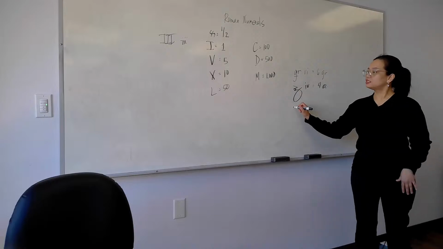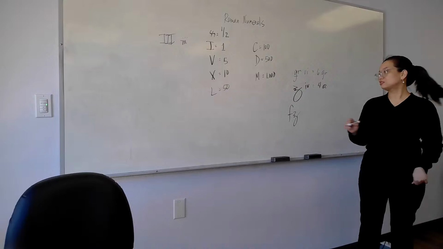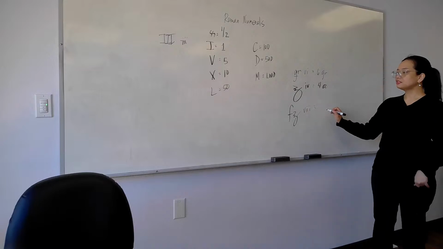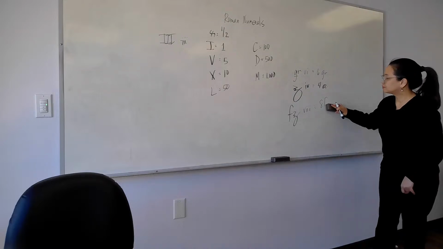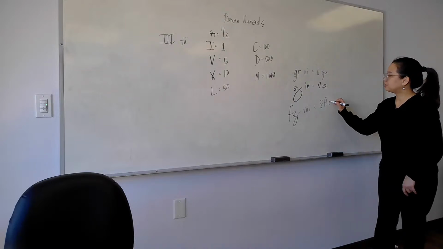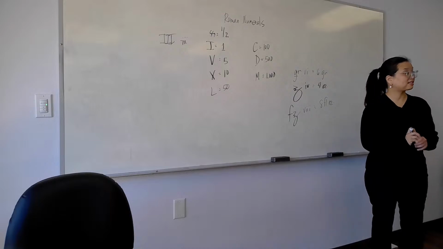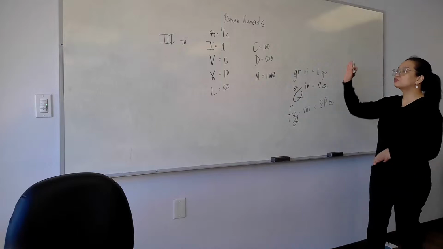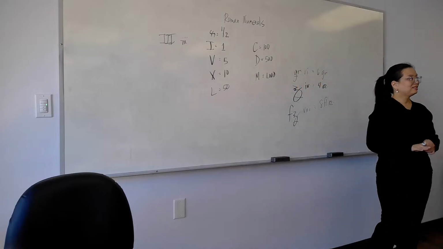Sometimes people are more specific. Fluid ounce, and then VIII. So this is equivalent to 8 fluid ounces. I'm going to tell you the equivalents once we get to the liquid measurement. Is that clear? I just want you to know the symbols. And you will notice that if it's Roman numerals, it's not before, it's after the symbol.